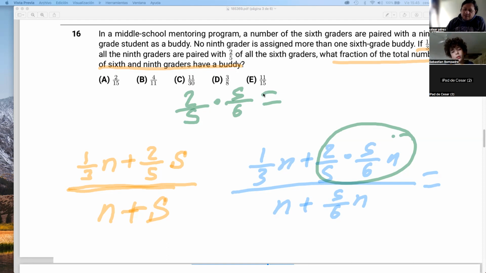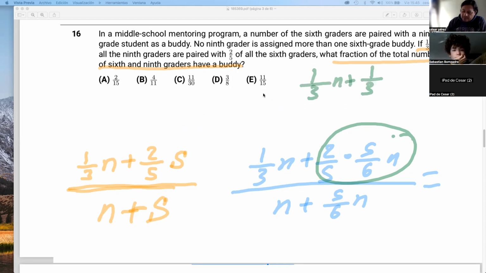Because we can eliminate those two. We'll have 2/6. We'll have 1/3. Okay. So we will have 1/3 n plus 1/3. Okay. This is the answer for this part.